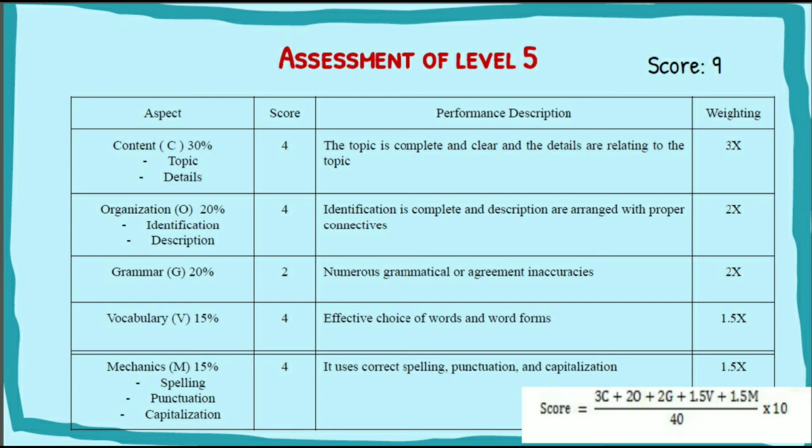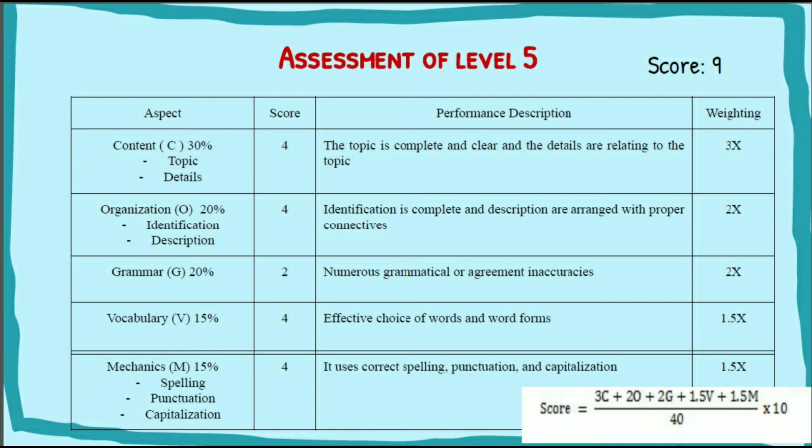And for the weighting, it is times 1.5. And the last aspect is mechanics. The score of this aspect is 4, and the performance description is it uses correct spelling, punctuation, and capitalization.